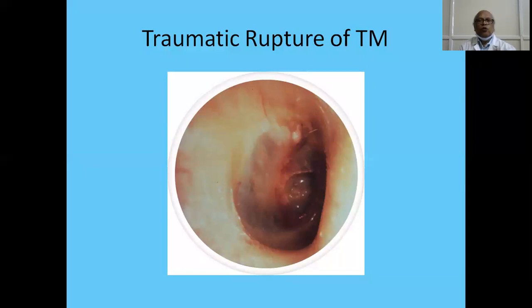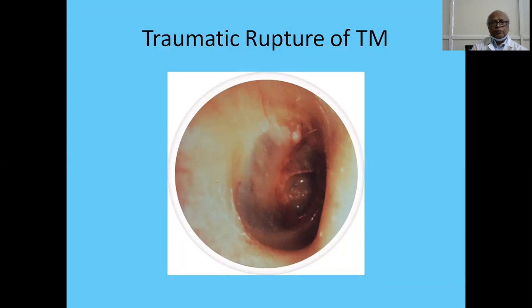As a rule, no ear drops should be instilled into the ear, and we have to give antibiotics and painkillers, and you have to do a thorough evaluation of hearing. Sometimes there may be dislocation of the ossicular chain, and sometimes there may be sensorineural hearing loss also.